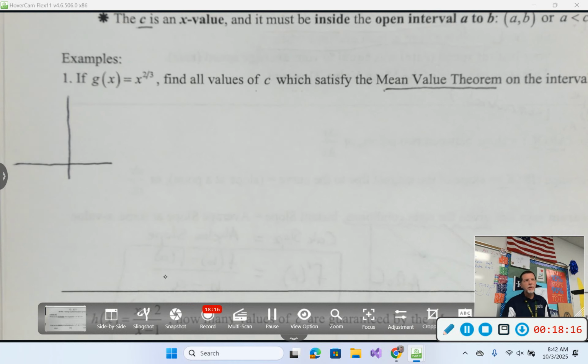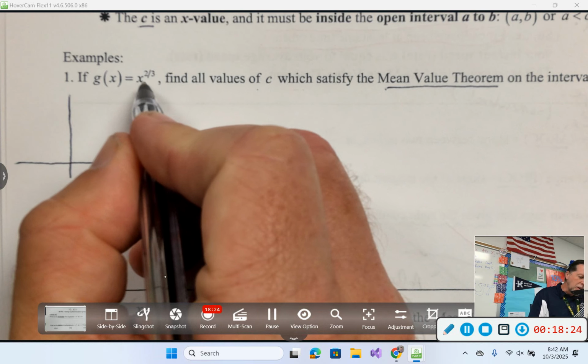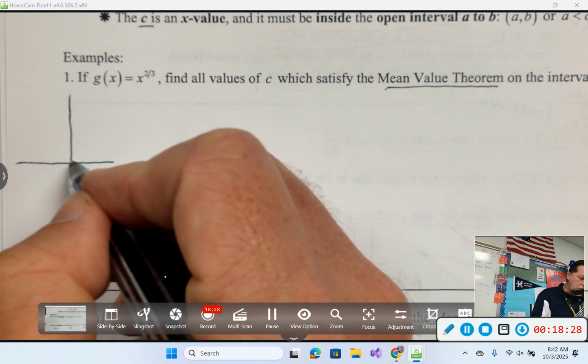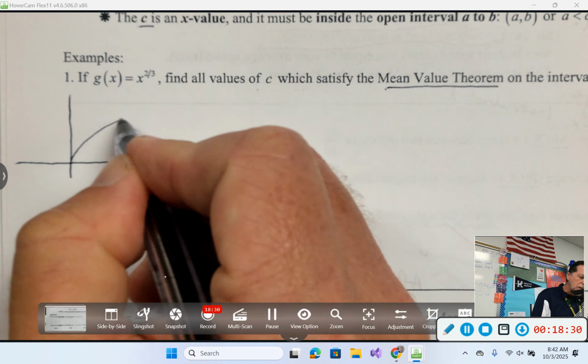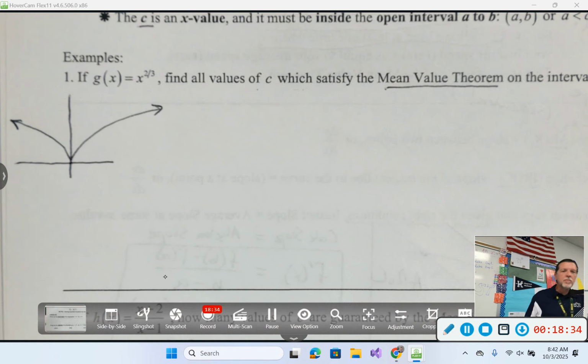We can do this graphically, or with an equation, so I'll do it both ways. X to the 2/3: if you plugged in a negative number, it would work because you could square it and then cube root it, and you'd still get a positive number. So the graph looks something like that. It should be symmetric, but something like that.